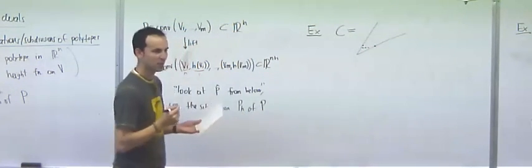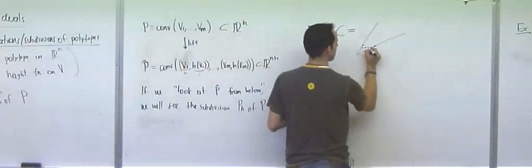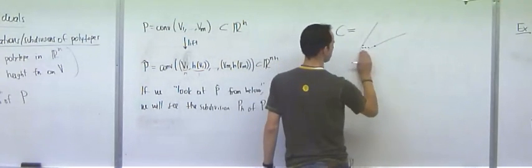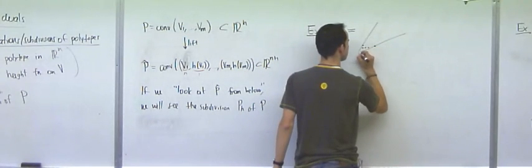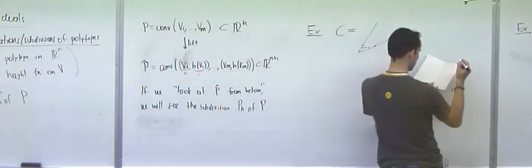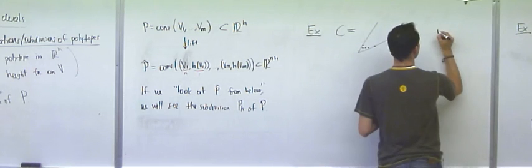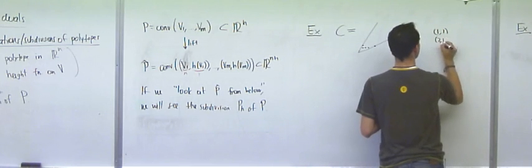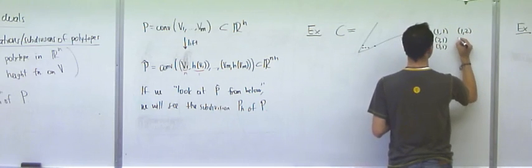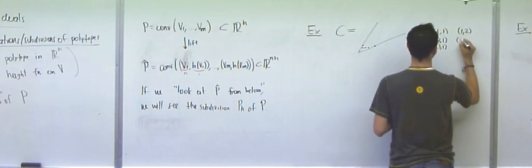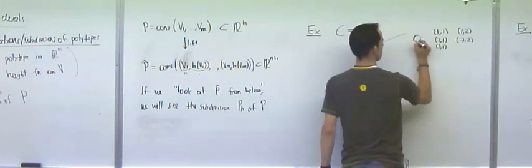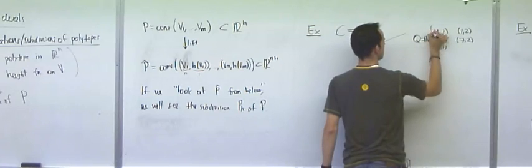Does that look familiar? So this was a semigroup. Those were the generators. They were the points (1,1), (2,1), (3,1), (1,2), and I guess it was (7,2). And Q was the semigroup generated by these.